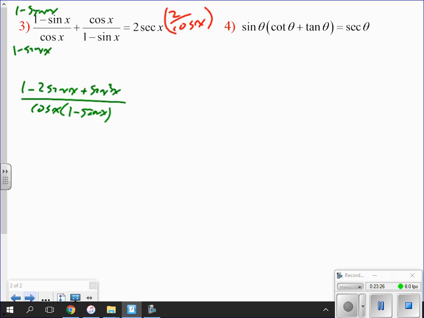Second fraction, I need to do the same thing, only I'll multiply by cosine x over cosine x. Which will give me the same denominator, right? Cosine x times 1 over 1 minus sine x. My numerator will be cosine squared x all over cosine x times 1 minus sine x.